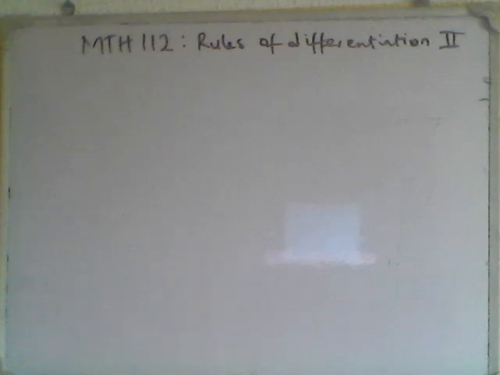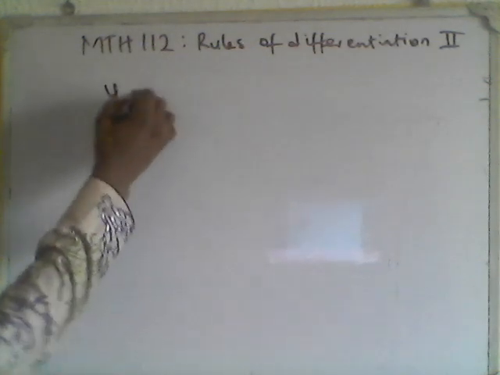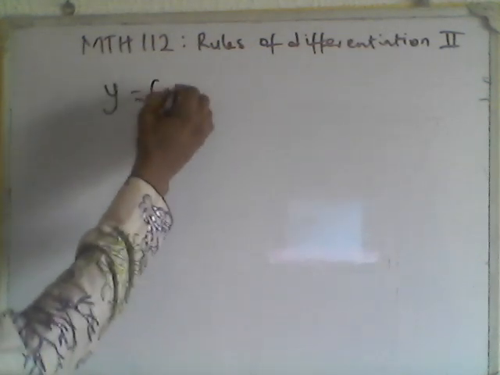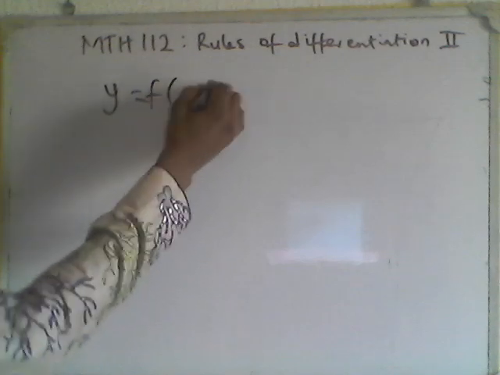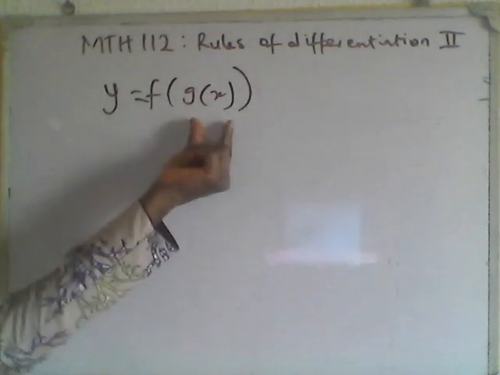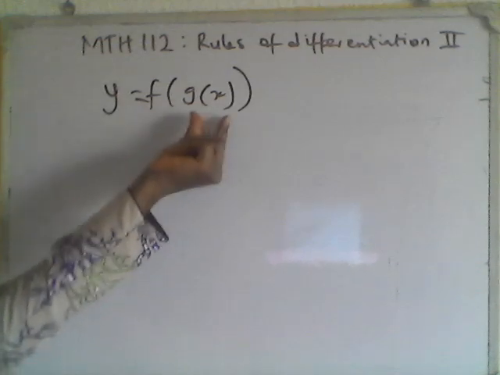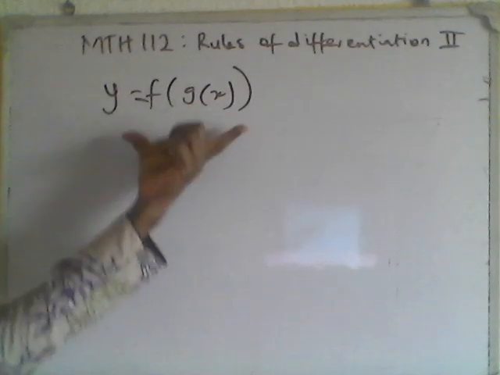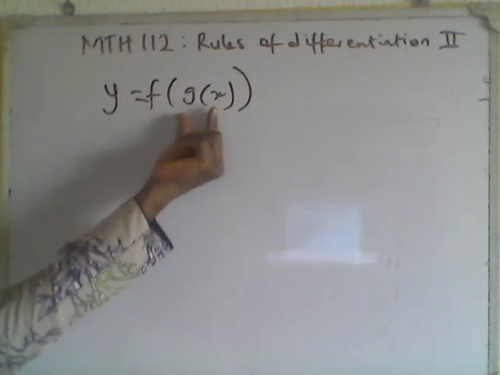So the chain rule helps us to differentiate composite functions inside other functions. For instance, if we have y equals f of g of x, nested. This function g of x is inside the bigger function f of g of x.